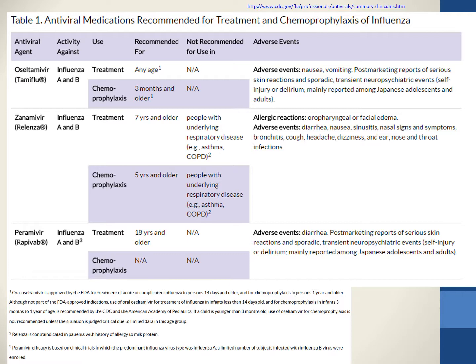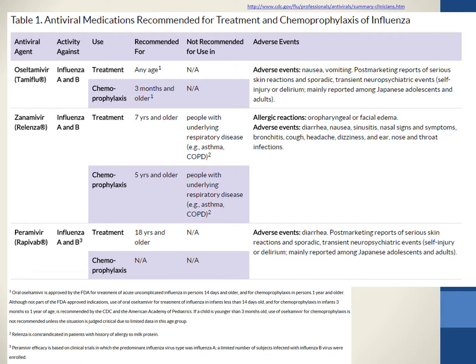They change based on the circulating strains of influenza and potential resistance, etc. If you see up here in the top corner, there's a link to the CDC webpage, or you can go to your web browser and search for CDC influenza, and it'll take you to the homepage. There's some great information there, and many of them are in summary table form that makes it very easy to read and comprehend.